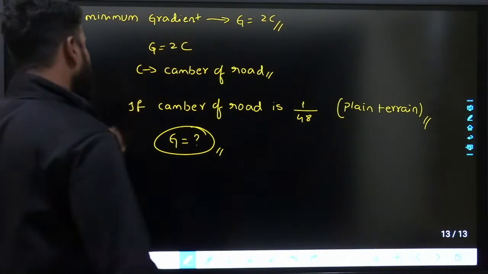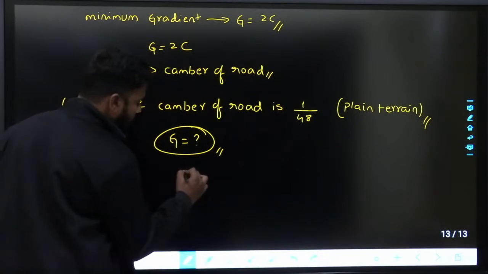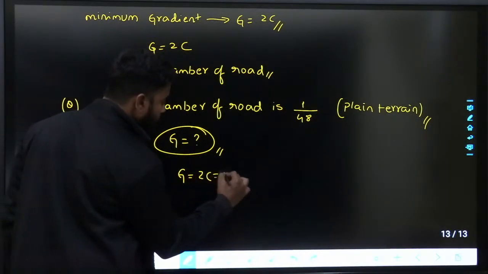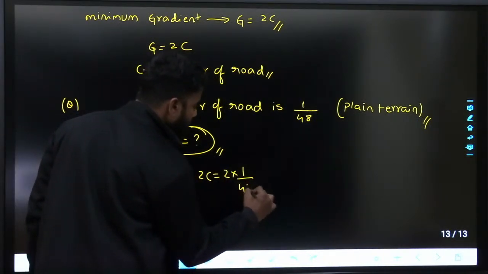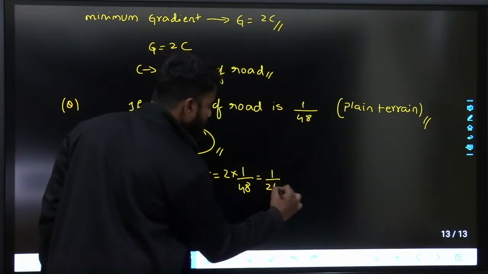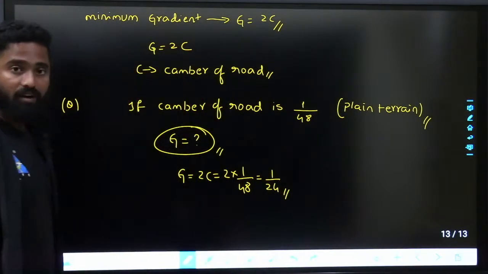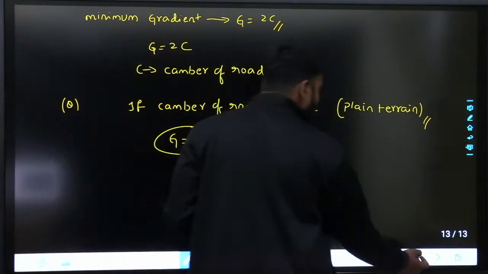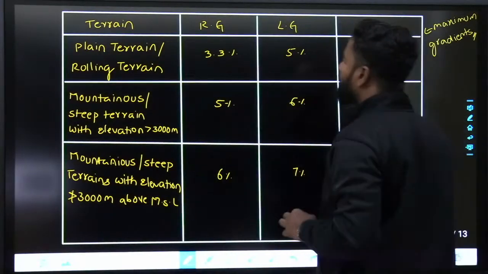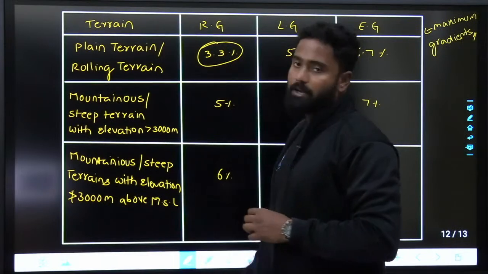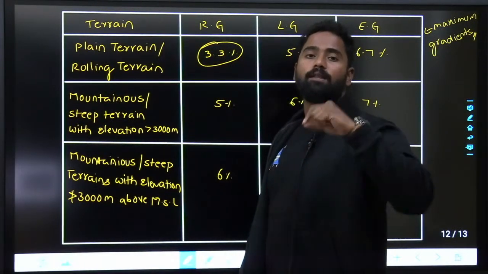Fine. So the answer would be, generally if I ask about the gradient, G equals 2 times C, G equals 2 into 1 by 48, that is 1 upon 24. But if you see the maximum value in the ruling gradient, 3.3%, 3.3% means 1 by 30.